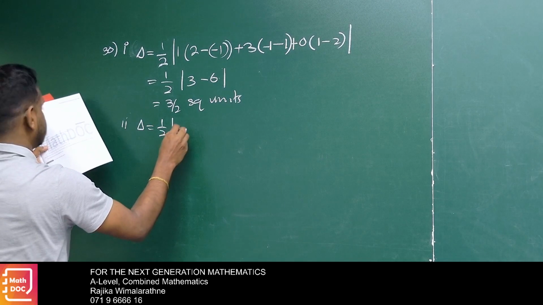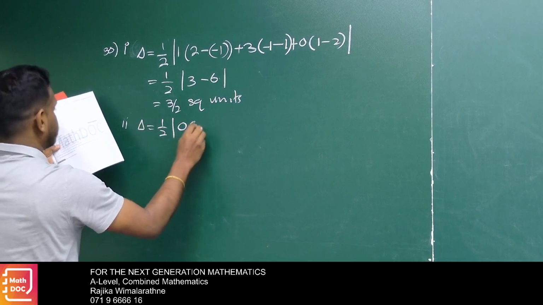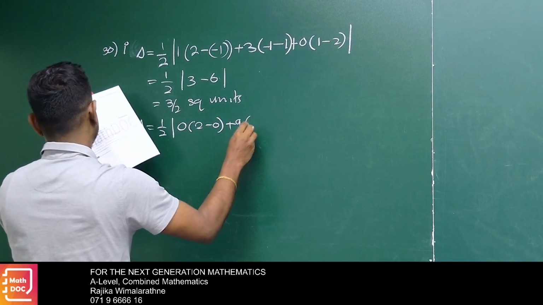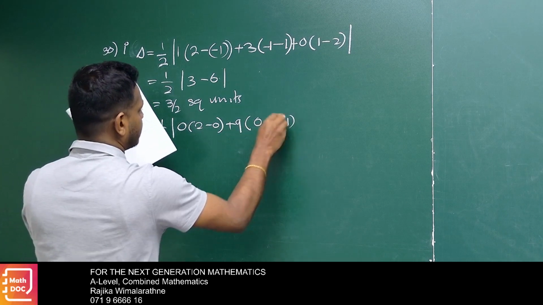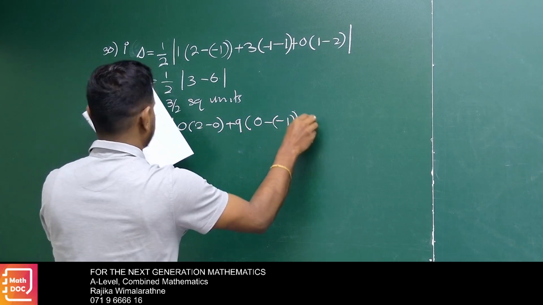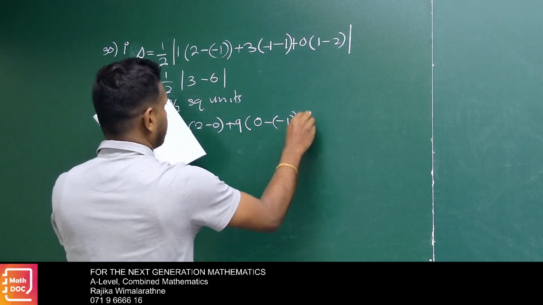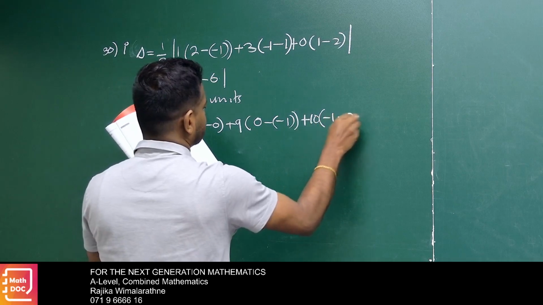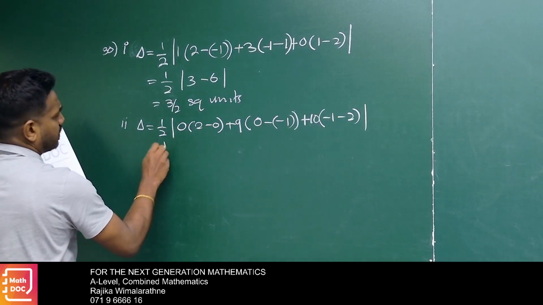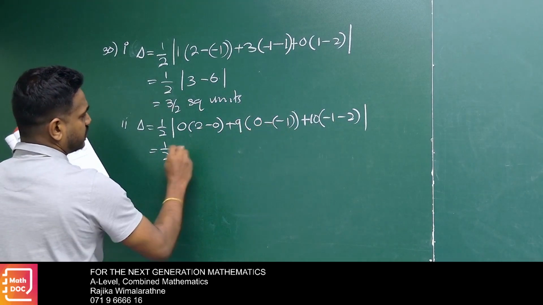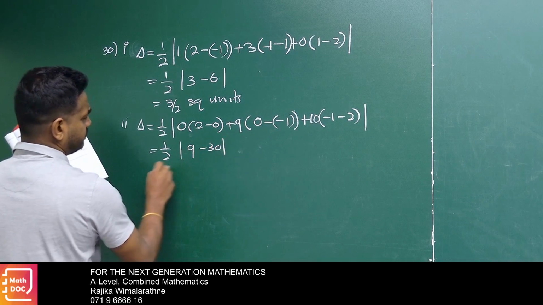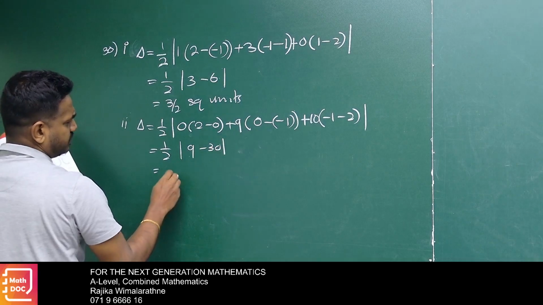Half into modulus: 0 times (2 minus 0) plus 9 times (0 minus minus 1) plus 10 times (minus 1 minus 2). Then 1 over 2, here 0, here 9, here minus 30, 21 over 2 square units.